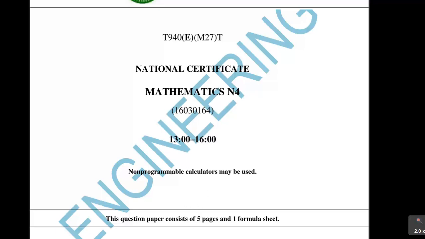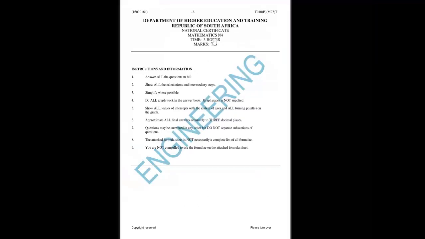So this was a paper written in April 2014, and again it's mathematics N4. My aim is to ensure that you don't lose marks in trigonometry, because most students fear trig, but it is one of the simplest sections, and if you master it well, you will get all the marks.